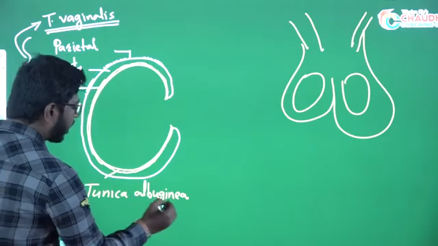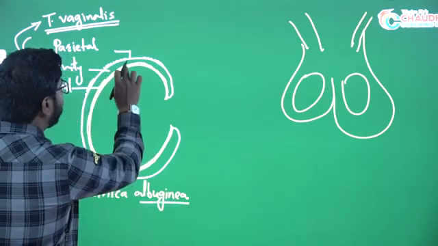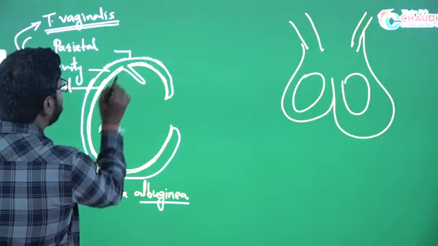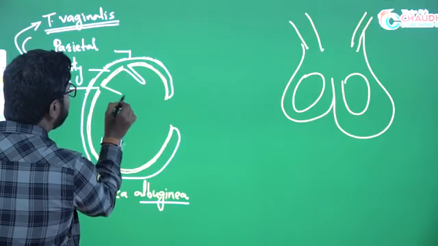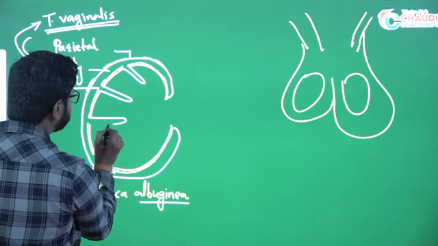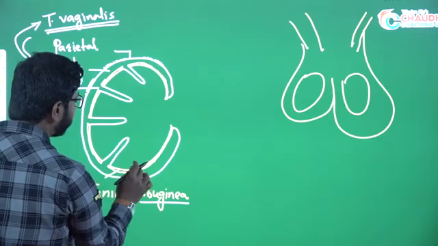Now, tunica albuginea is a tough protective cover. At some places, tunica albuginea forms a partition or finger-like structures. Due to these finger-like structures, what will happen?